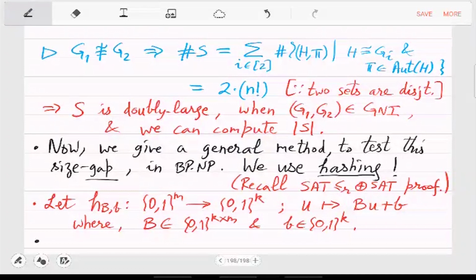And basically this is useful when hashing is used to, almost always the effect is to actually compress the input. So M bits it will reduce to K bits with certain properties. So let us now recall those properties.